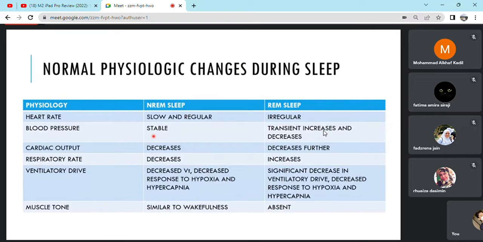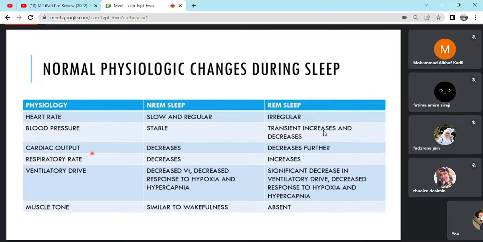You do not see changes in your blood pressure. However, if you go into REM sleep, it becomes increasing and decreasing. So you see transient changes in your blood pressure. I guess that will also be logical because your heart rate also becomes irregular at this stage of your sleep, no? That's the reason why your blood pressure will also be increasing and decreasing. So it becomes erratic.